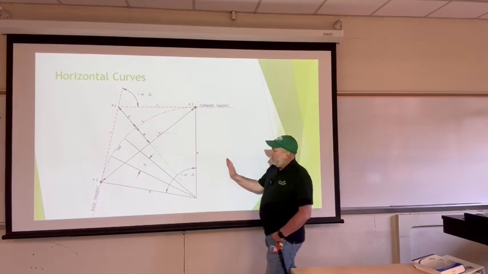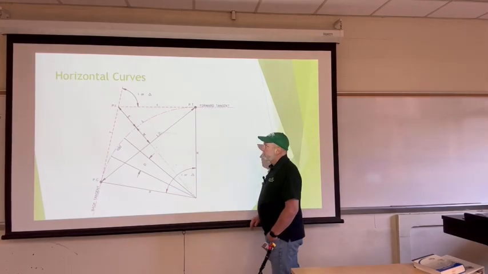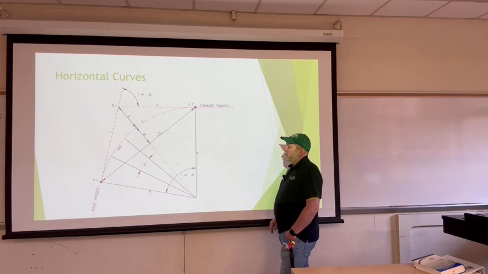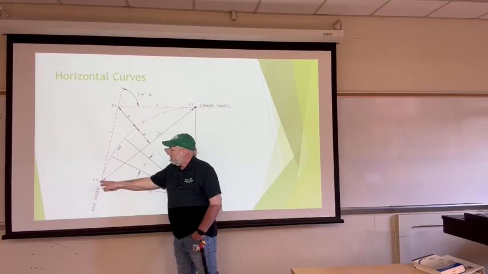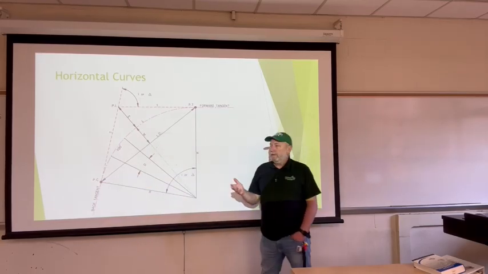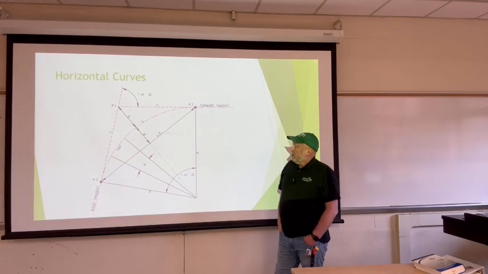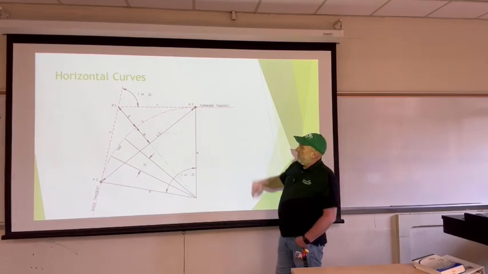The angle between these two radius lines would be that interior angle, that delta angle. The arc length is the actual length along the curve, along the alignment. Your long chord would be the straight distance from the beginning of the curve to the end of the curve.